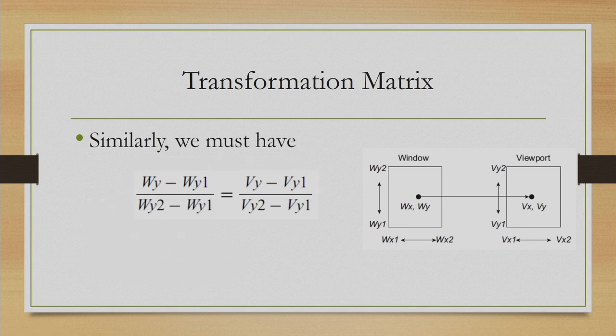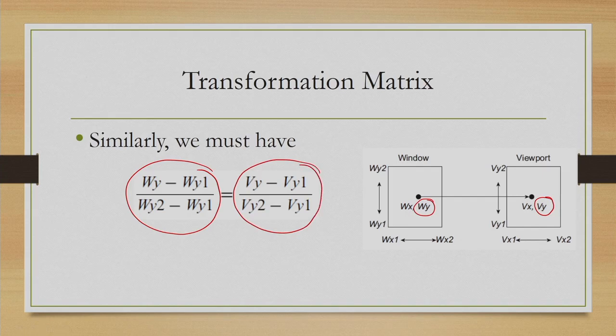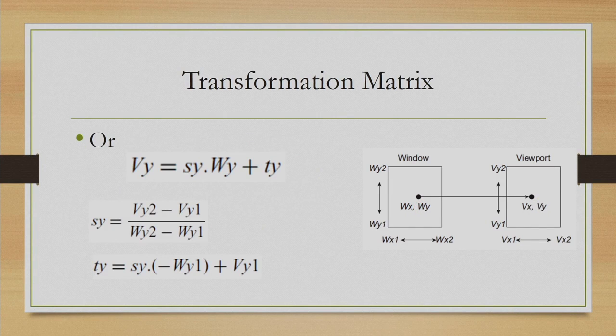A similar relationship we can form between the y coordinate of the point in the viewport and the y coordinate of the same point in the window, by again forming the relationships first between the y coordinates and then simplifying and rearranging to get this relationship, where Vy is the y coordinate of the point in the viewport, Wy is the y coordinate of the point in the window, and these two are constants defined here in terms of again the window and viewport sizes.